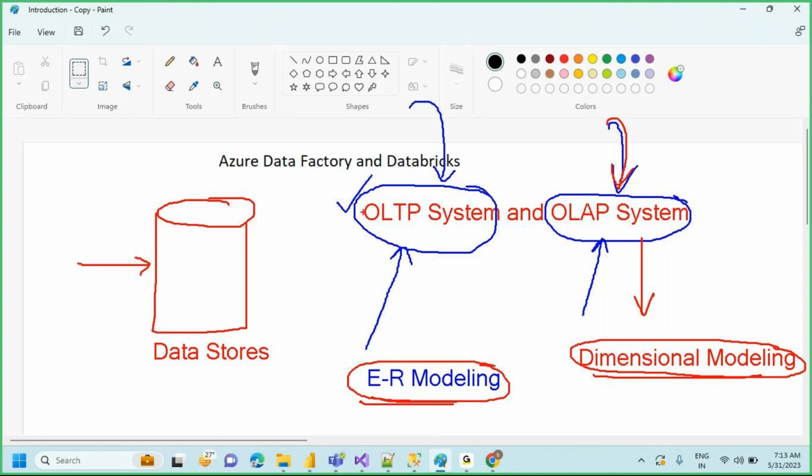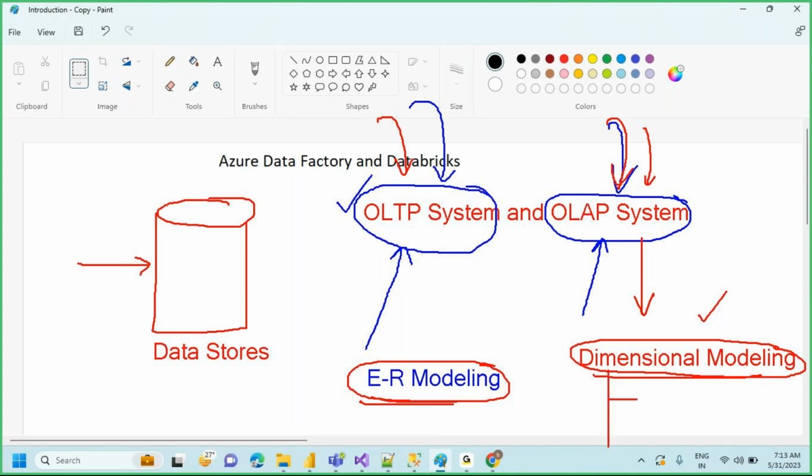We are not going to maintain any duplicated data in the OLTP system; it's completely unique data. Whereas in an OLAP system, we are going to have historical data, or we can say duplicated data. The design supports storing historical data, and we can design this with the help of dimensional modeling.